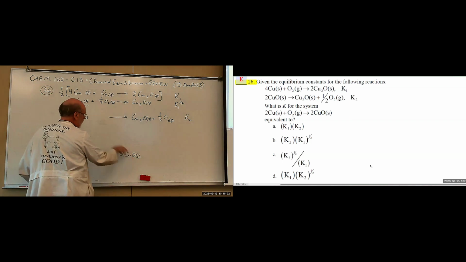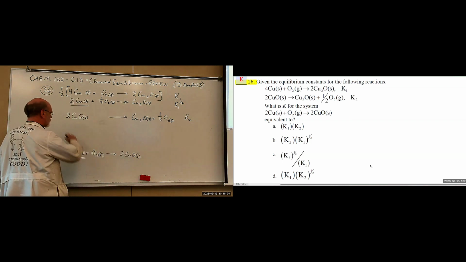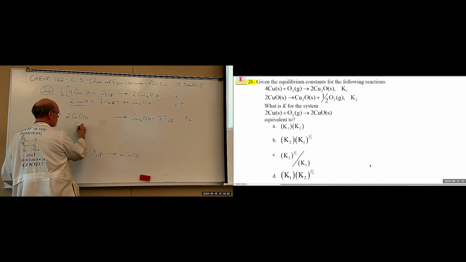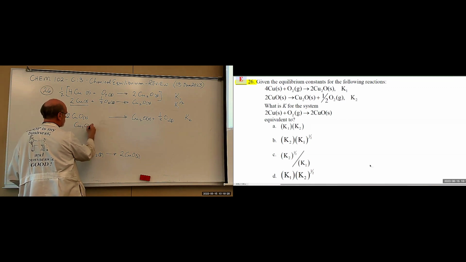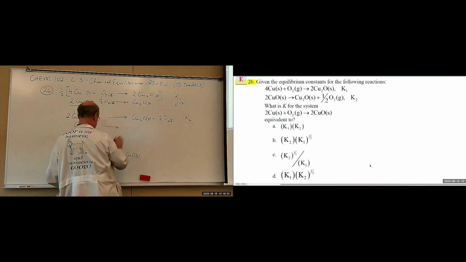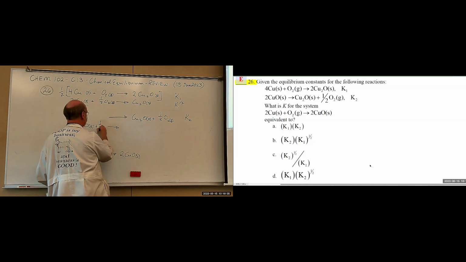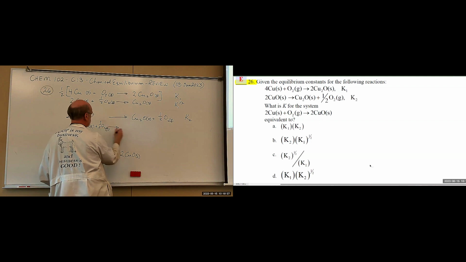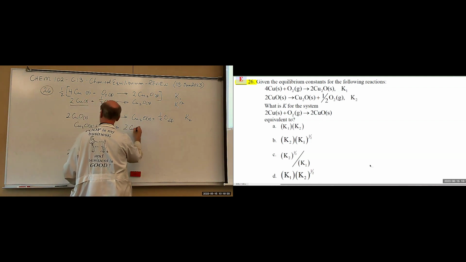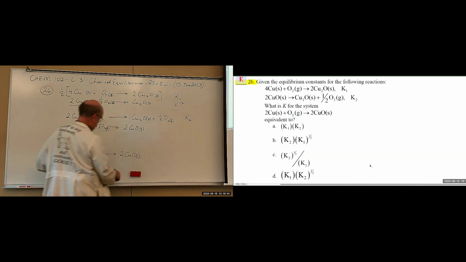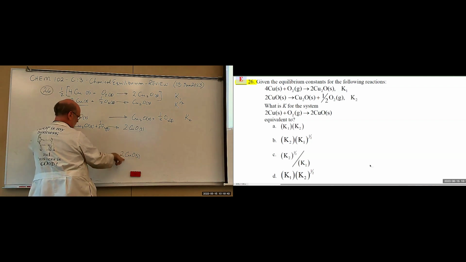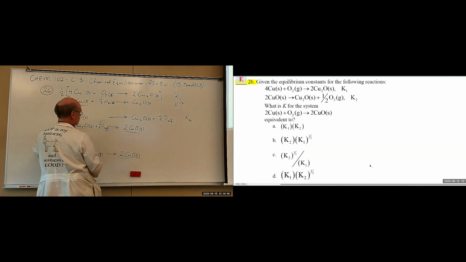We need CuO on the other side. So we got to flip the equation. Cu2O solid plus 1/2 O2 gas yields 2CuO solid, right? So that gives us this one down here from there.